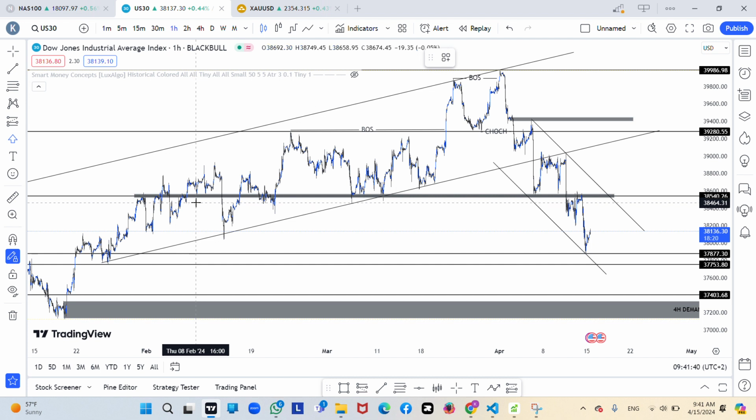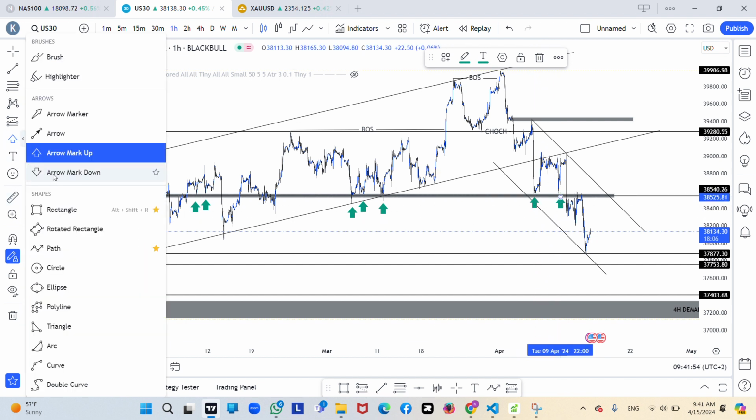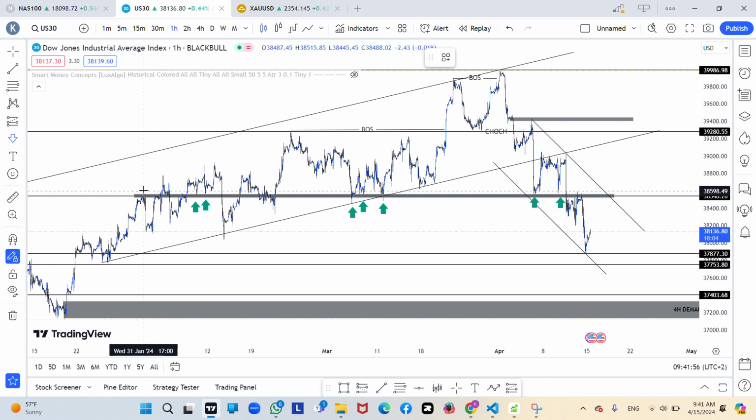So yeah, you can see here price being supported very beautifully. So this is a strong support, guys. You can see here price was getting resistance.